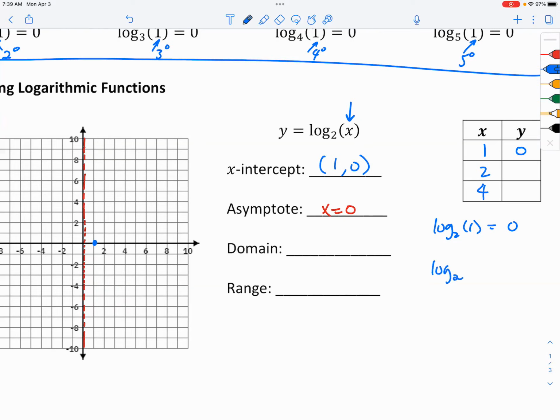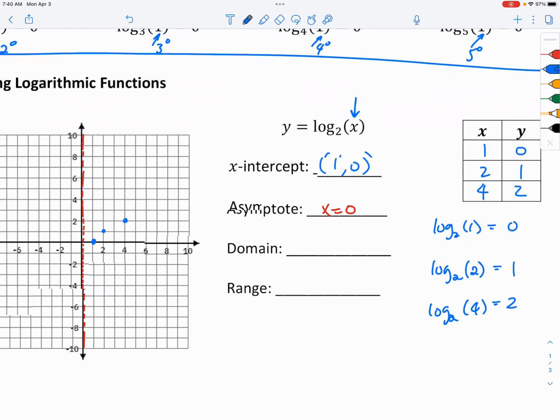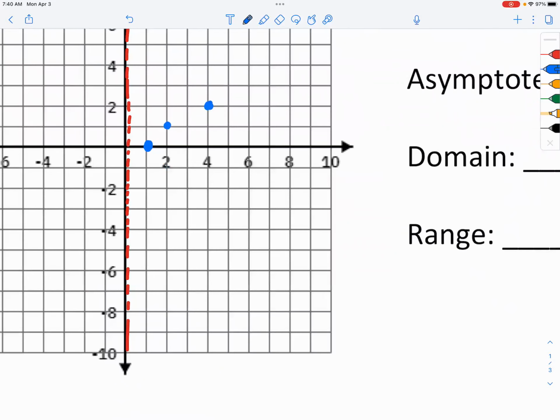And then log base 2 of 2 is equal to 1. We did it earlier. Log base 2 of 4 is equal to 2. So (2, 1) and (4, 2). So it looks somewhat like a square root function, but it's different because it goes all the way down, okay?